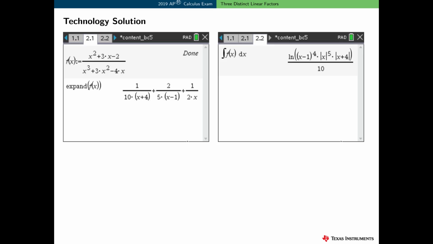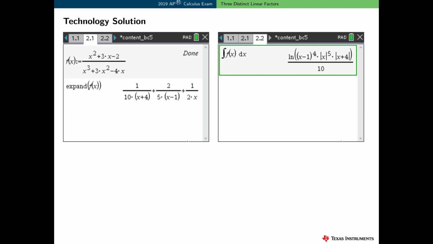Here's how we might use technology to see some of the steps in the solution and the final antiderivative. Using the TI-Nspire, first I defined the function f. I can use the built-in function expand to find the partial fraction decomposition. And using technology, I really don't need to execute this step.